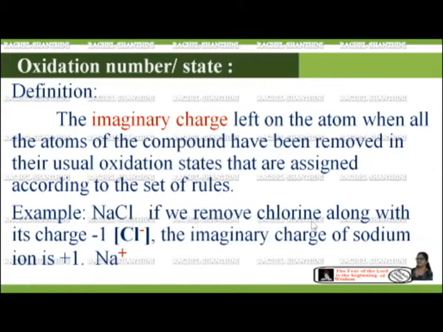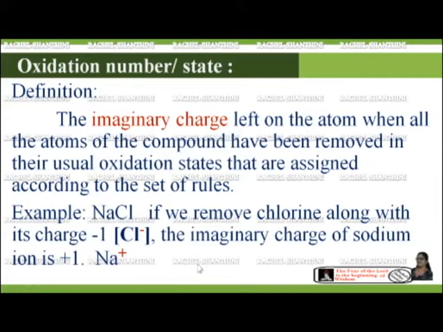So if we remove chlorine along with its oxidation state, the imaginary charge of sodium is +1. So +1 is the oxidation state or the oxidation number of sodium in sodium chloride. To calculate the oxidation number of an atom, we have a set of rules.